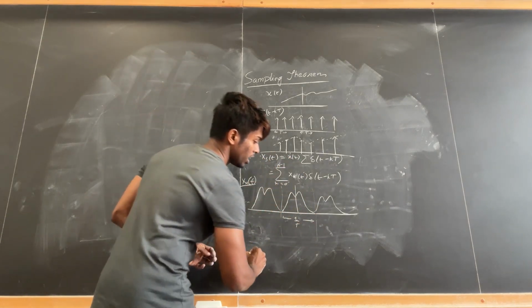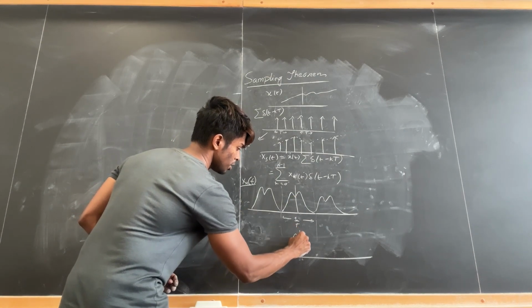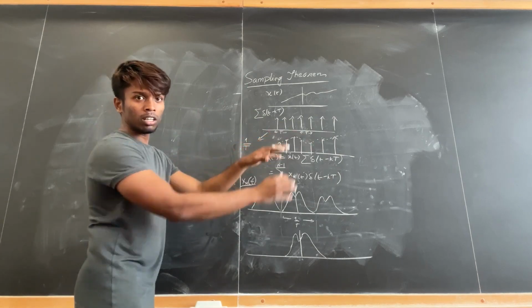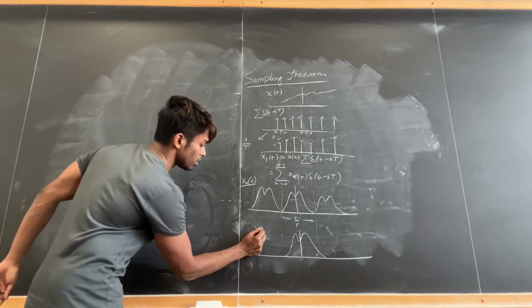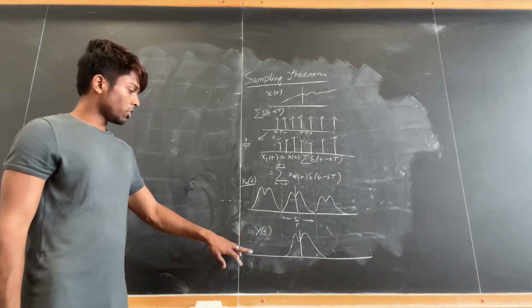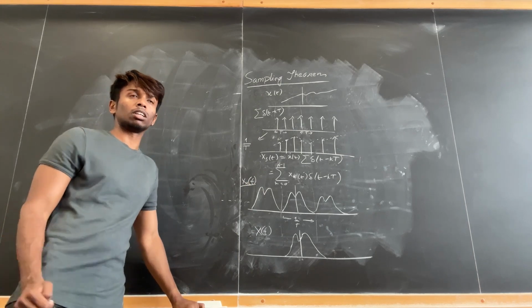As a result, we get only a single frequency response as this after passing through a low pass filter, and all these copies are cancelled out. So this we get as X(f), and then when we do an inverse Fourier transform, we can retrieve the signal x(t). So that is how it works in the computer.